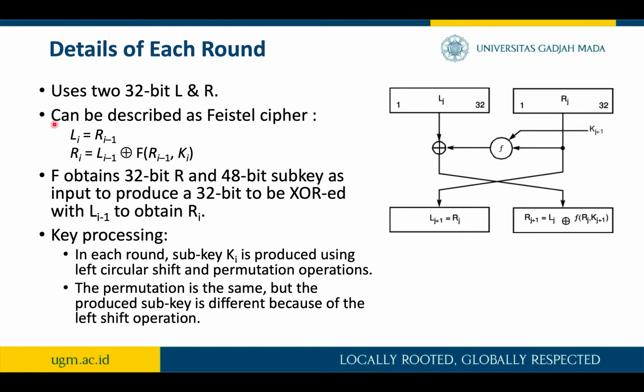So this is the formula: Li equals Ri-1 because it is just copied, while Ri equals Li-1 XOR f(Ri-1, Ki), with the key Ki.